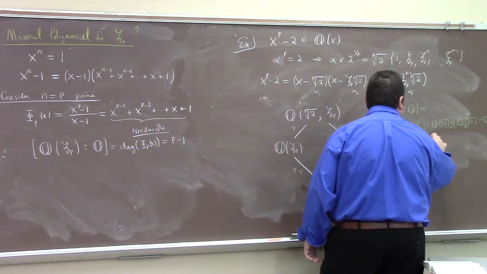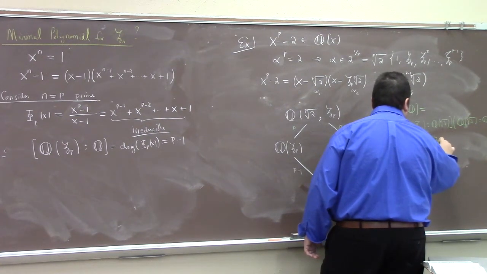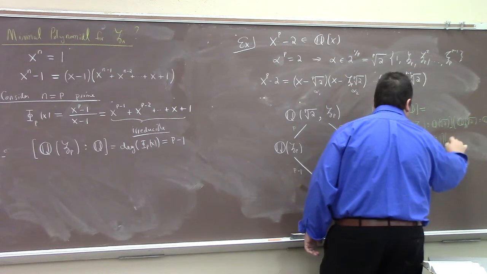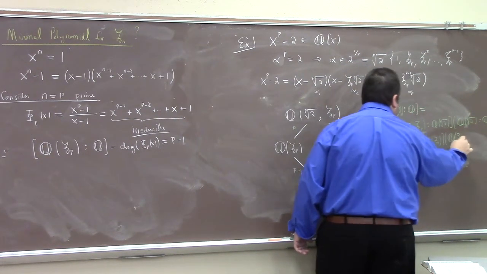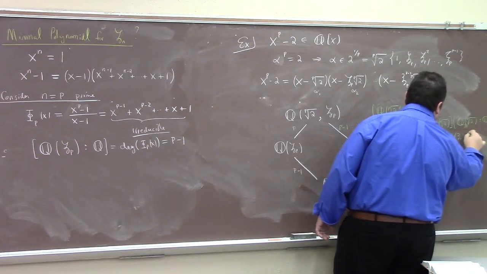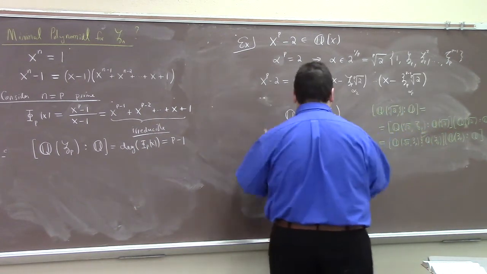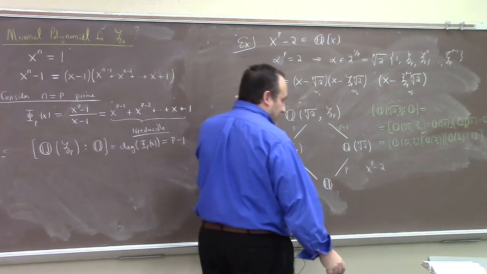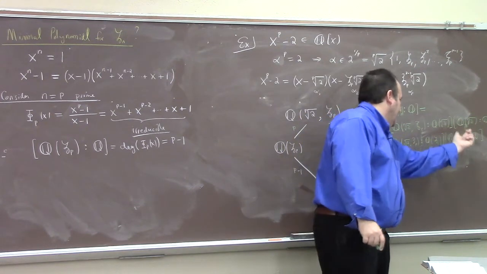And so why can we conclude that? Where are we using that p is prime in order to make this factorization? I agree with you. So this has to be the product of this times that, and that times this.